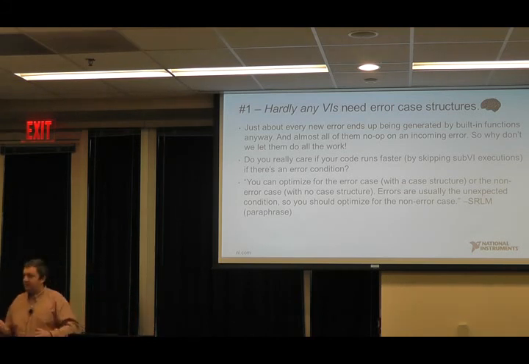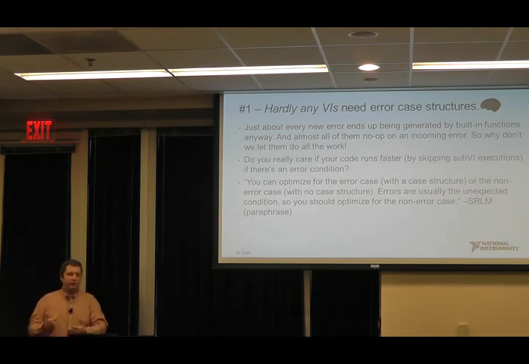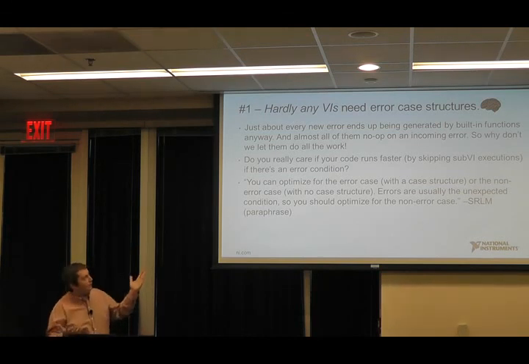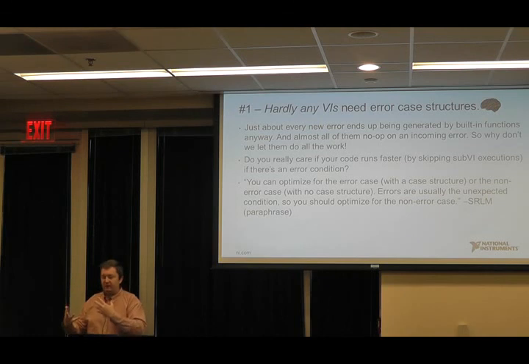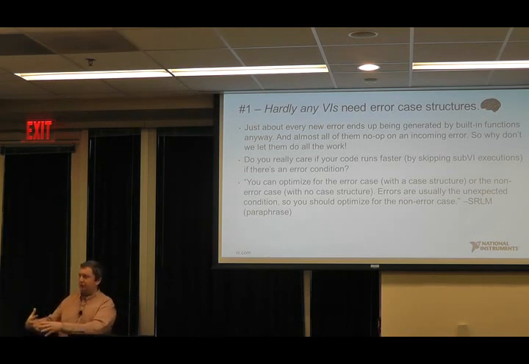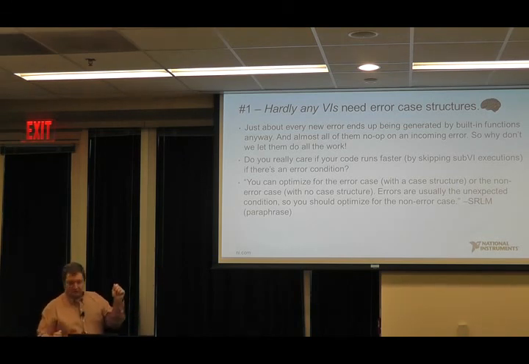When you dig down, there's going to be a primitive generating that error, or a property node, or a call library node, or something like that. So why are we doing the work of trying to case things out when eventually some primitive is going to be generating the error, and all the other primitives are not going to function if they get an input error? I don't think we need to take care of that ourselves.